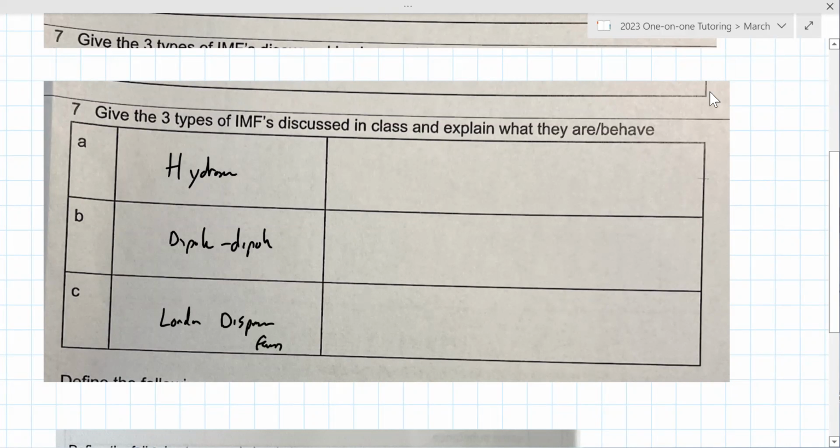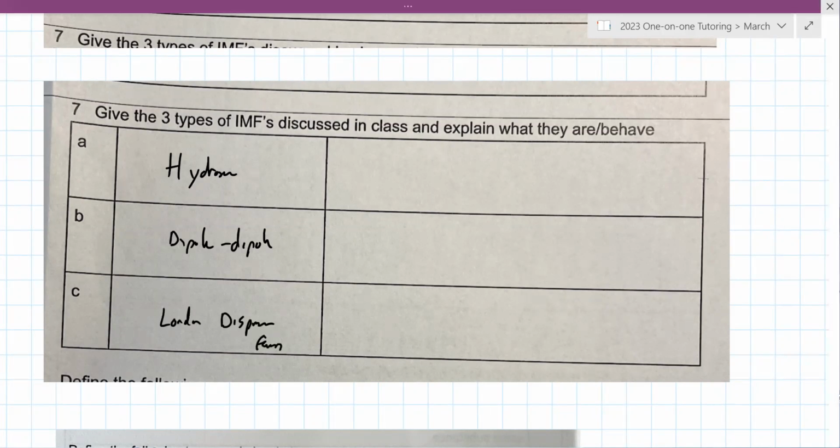Okay, that's good. Now I can help you out. So hydrogen bonding is the strongest. That's usually very important to remember, usually associated with acids. Present in mixtures that contain molecules with H covalently bonded to nitrogen, oxygen, and fluorine.